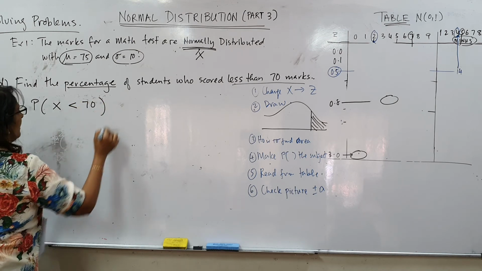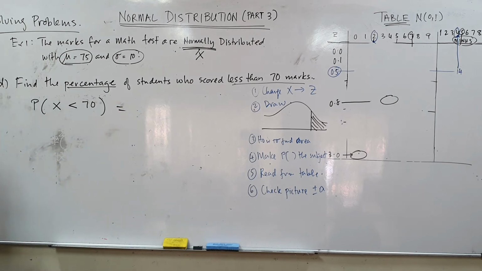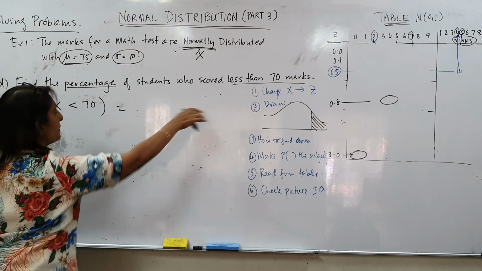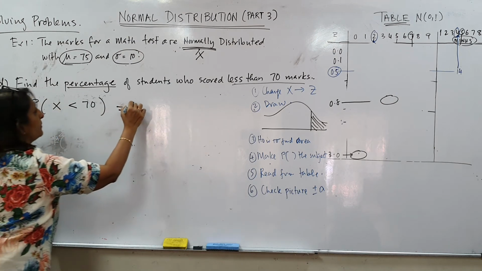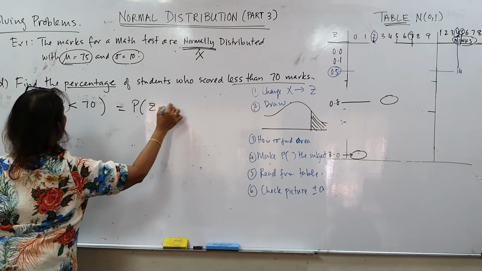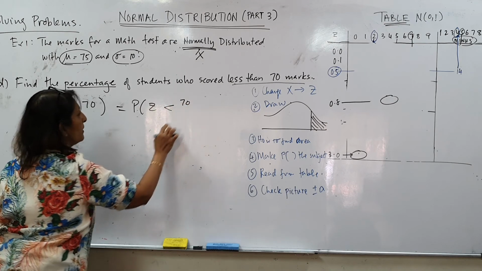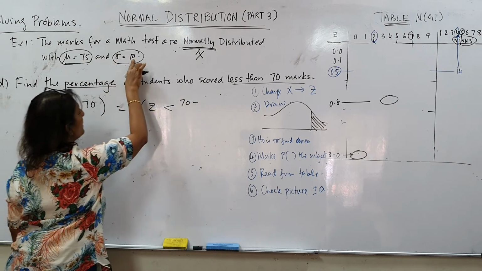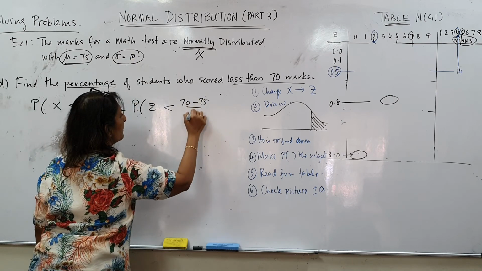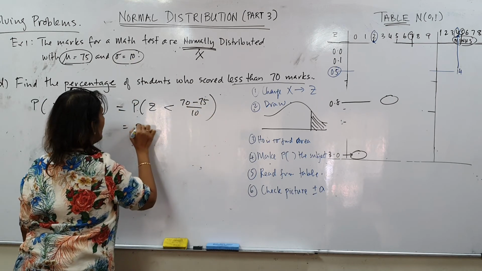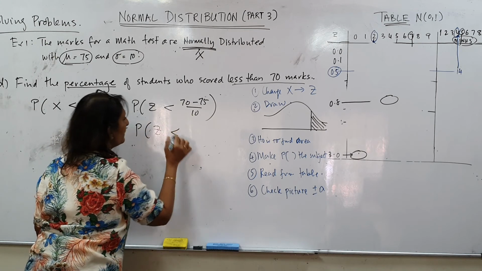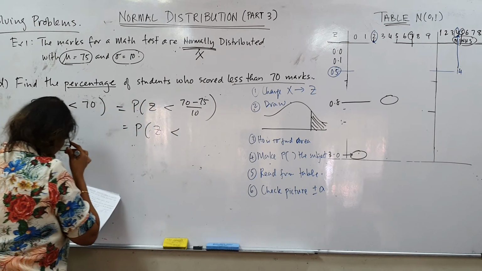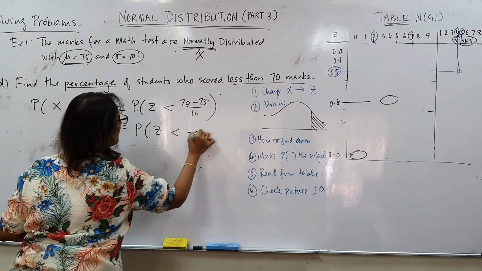Okay, you want to find this answer. You want to find the probability first. So step 1, change X to Z. We do the same. Z less than, we use the Z score formula, 70 minus mu over sigma. Okay, this one you get Z less than negative 0.5.